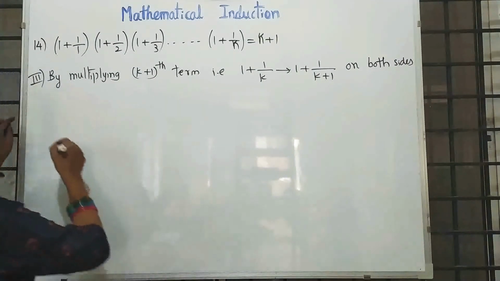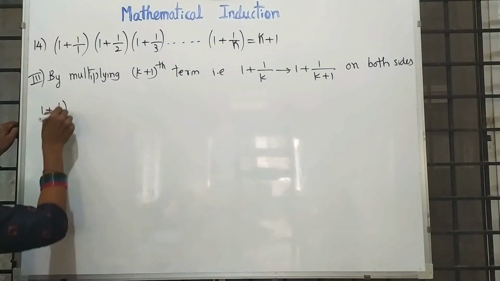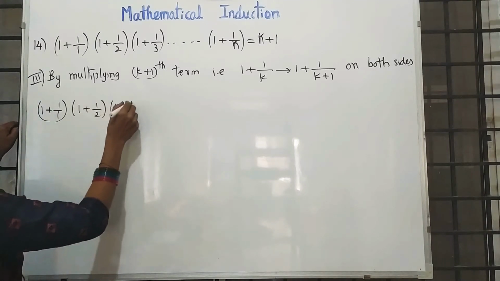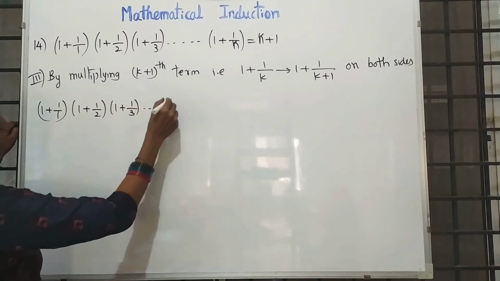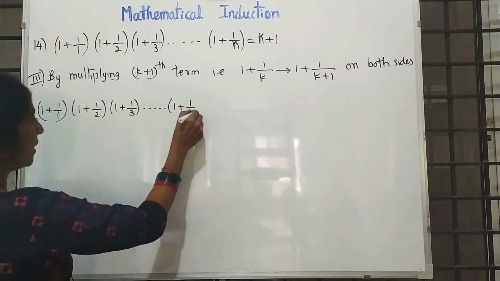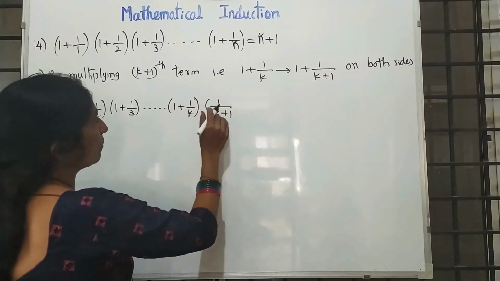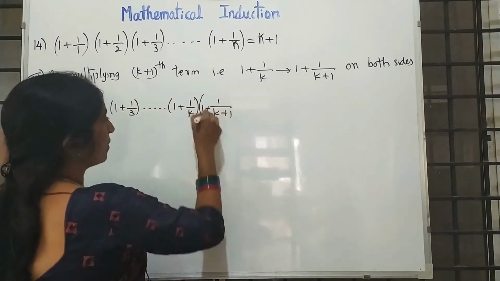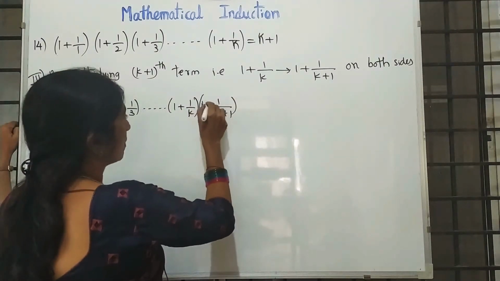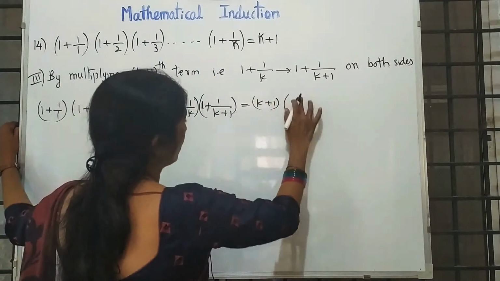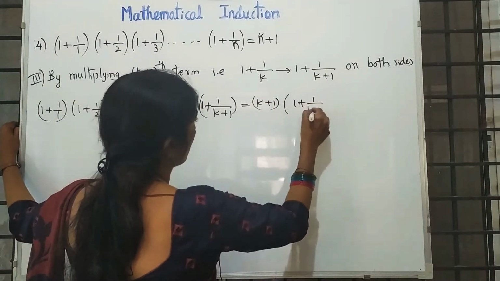So this is 1 plus 1 by 1, 1 plus 1 by 2, 1 plus 1 by 3, continuation, 1 plus 1 by k into 1 plus 1 upon k plus 1 is equal to k plus 1 into 1 plus 1 upon k plus 1.